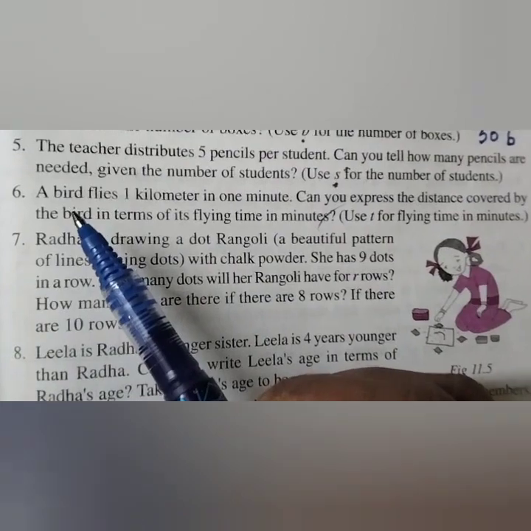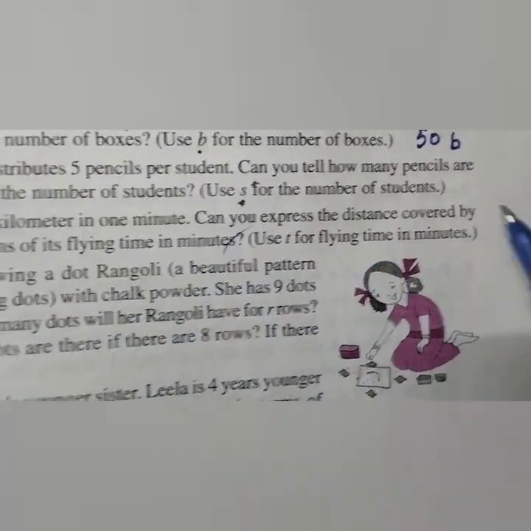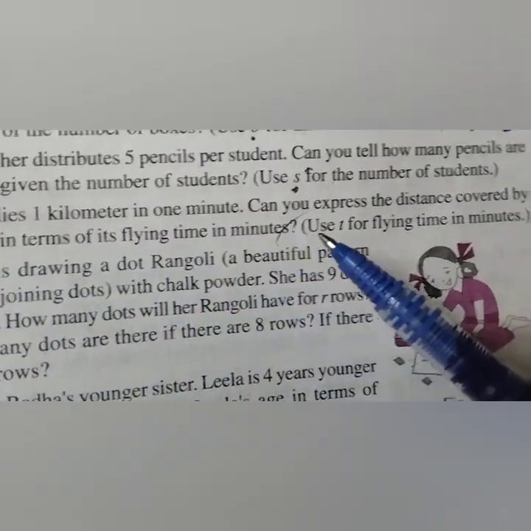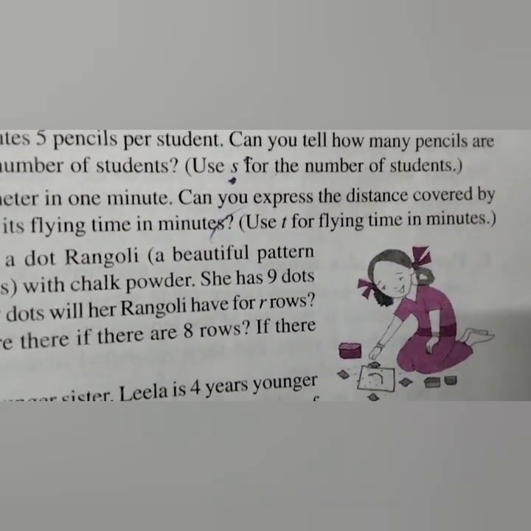Next question. A bird flies 1 kilometer in 1 minute. Can you express the distance covered by the bird in terms of its flying time in minutes? Use T for flying time in minutes.